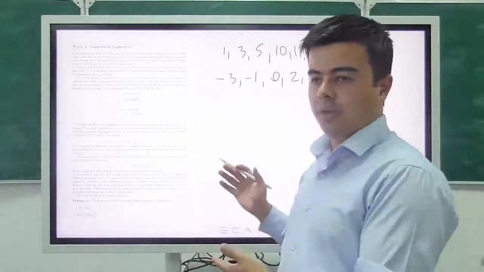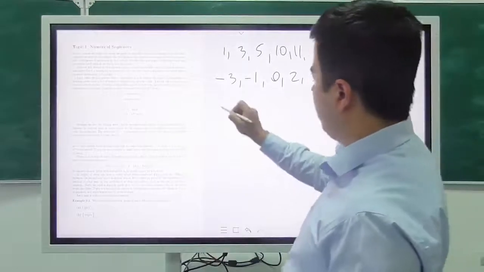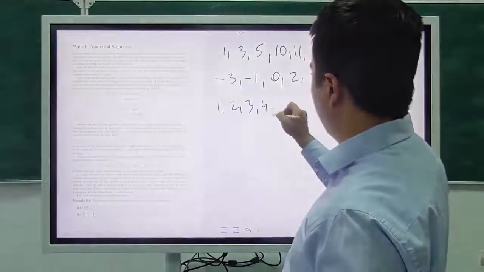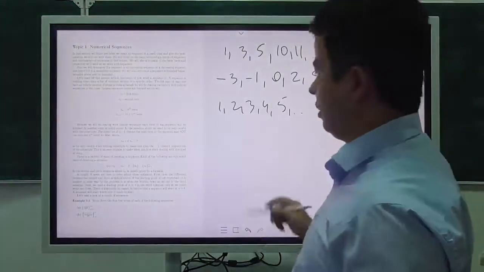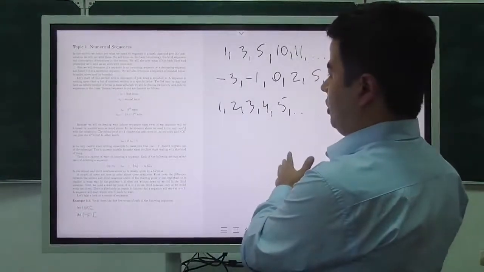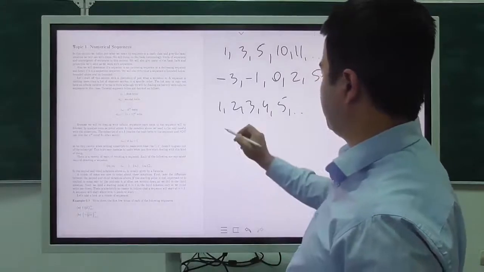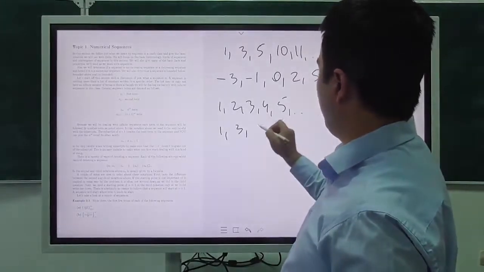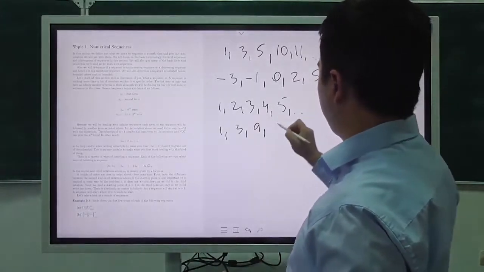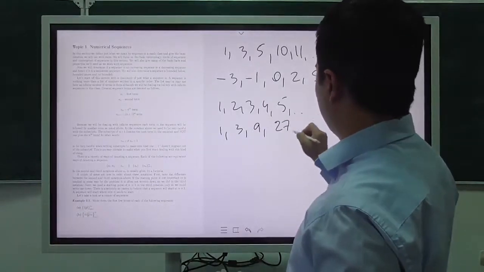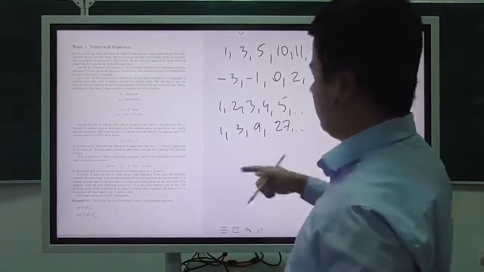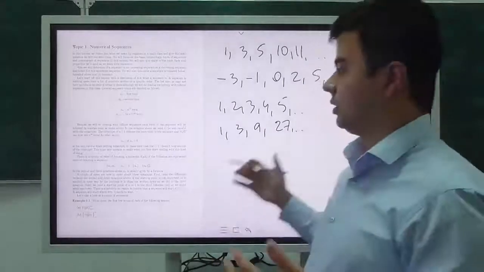There are also sequences. So, for example, 1, 2, 3, 4, 5, etc. This is an arithmetic progression. Here we have difference 1, or we have a geometric progression also: 1, 3, 9, and the next term is 27, etc. Here the quotient is 3. So this is also a sequence.